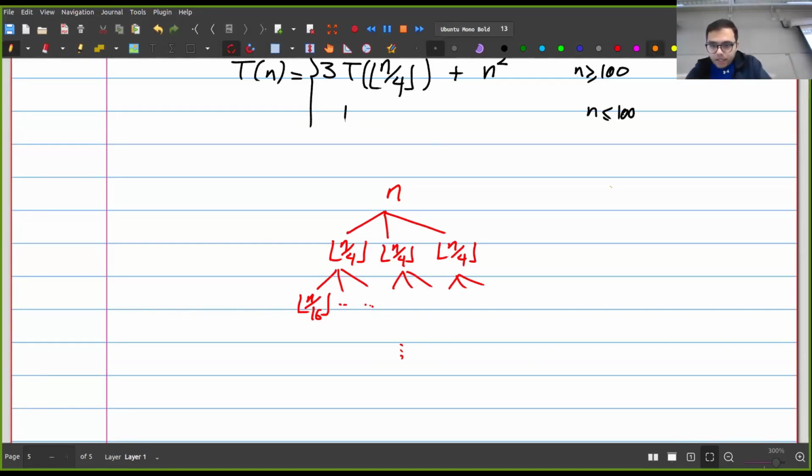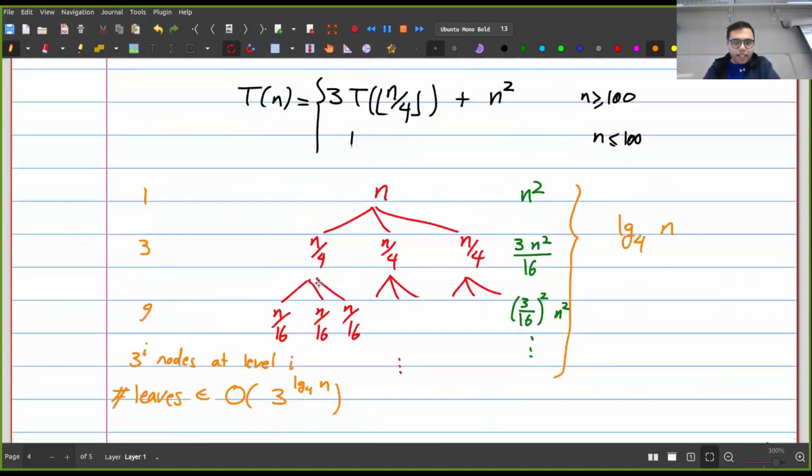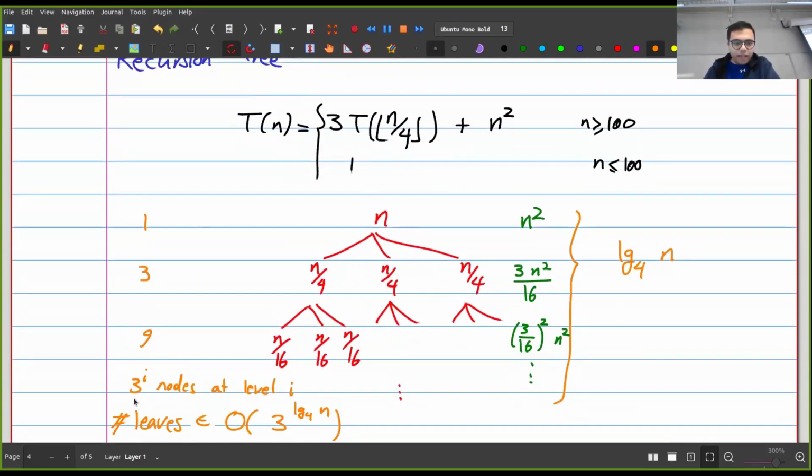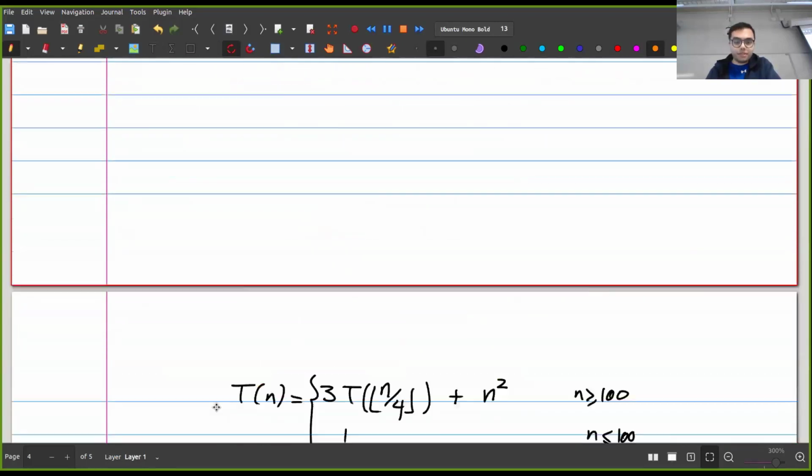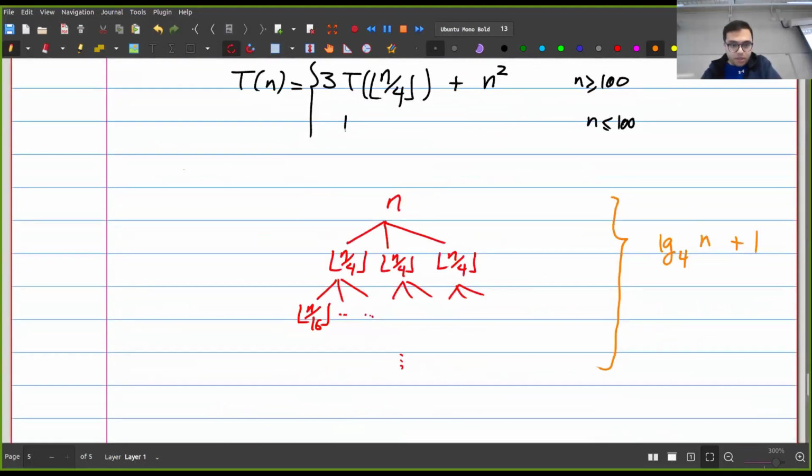Now I can again look at the height of my tree, and the height of my tree is going to be log base 4 of n plus 1 at most, right? Okay. So now I can again do the same analysis here. I can say at every level I have 3 to the power of i nodes. So in level 0, I have 1.